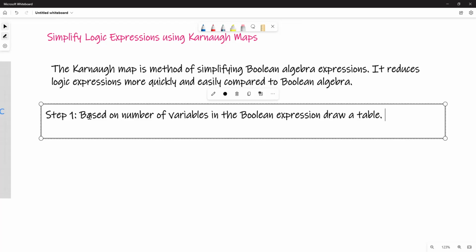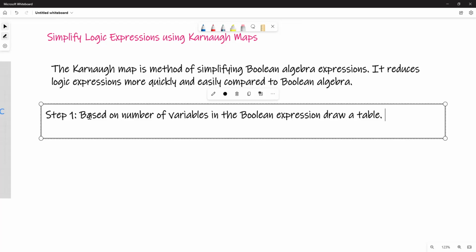But when you're drawing the table, the total number of rows and columns should be 2 to the power n. Which means if we have two variables, then it should come with 4 cells, right? I will explain again.